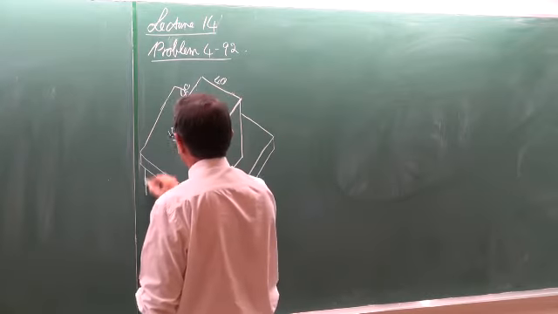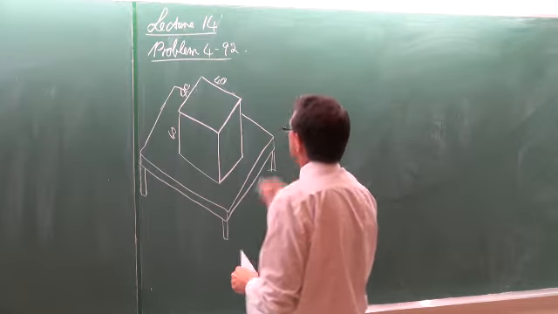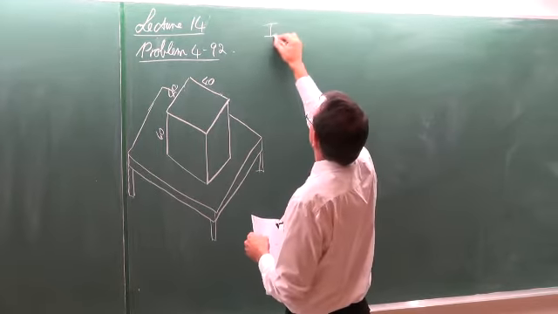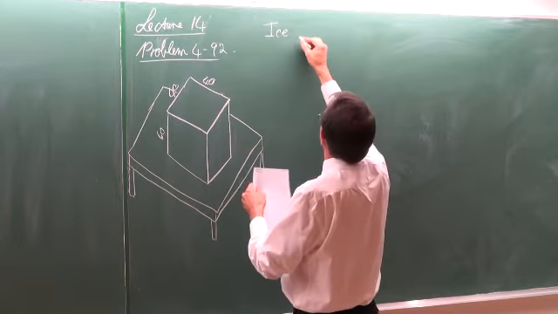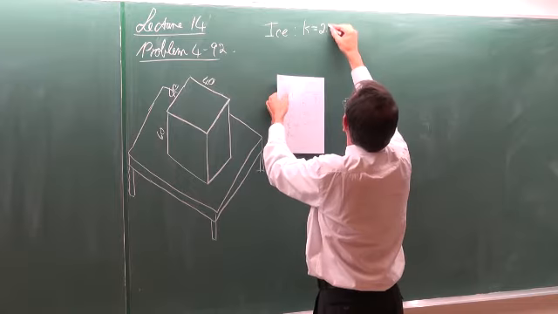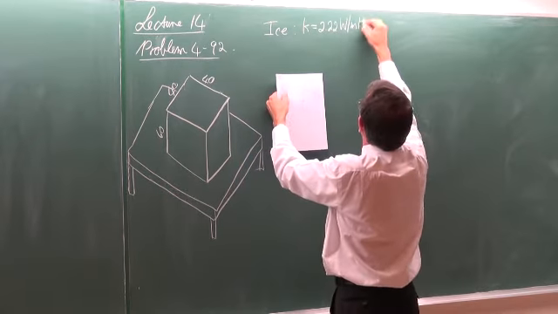The ice is standing on the table. Here's the table. And it is given to us that the K value of the ice is equal to 2.22 watts per meter Kelvin.